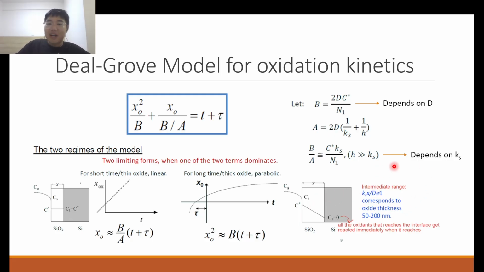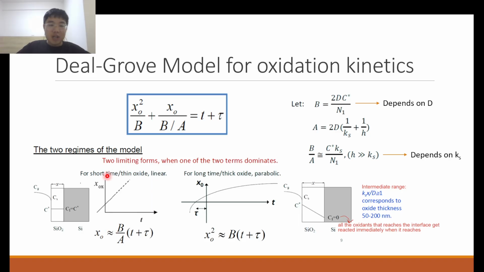And so we can define an intermediate range when, let's say, your Ks times X over D, this term over here, is approximately equal to 1. Generally we can use it as a rule of thumb to think of it as a transition regime, or point of transition, between the surface reaction control and the diffusion control regimes.